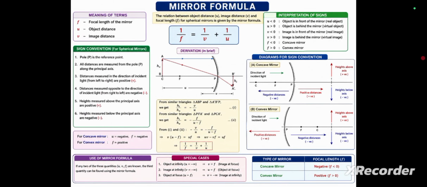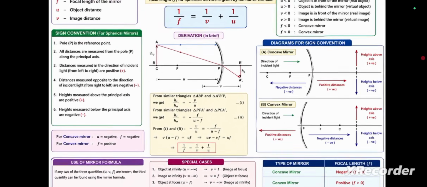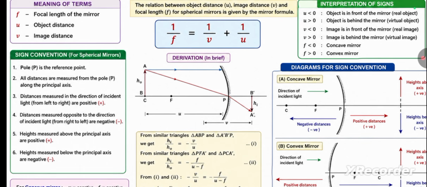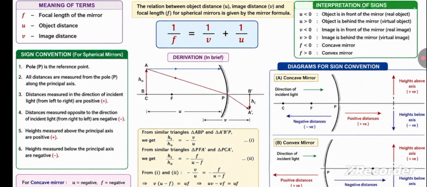mirror formula. In the mirror formula we use three terms, that is f, u and v. f indicates the focal length of the mirror, u indicates the object's distance, and v indicates the image distance.